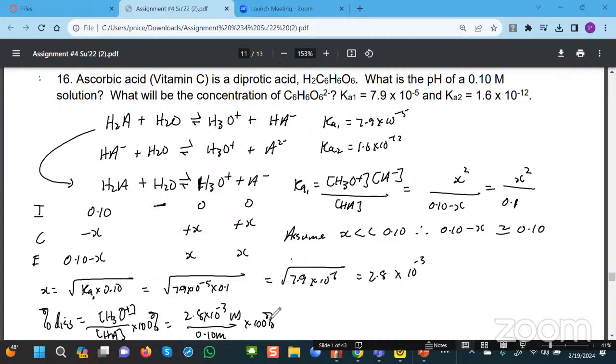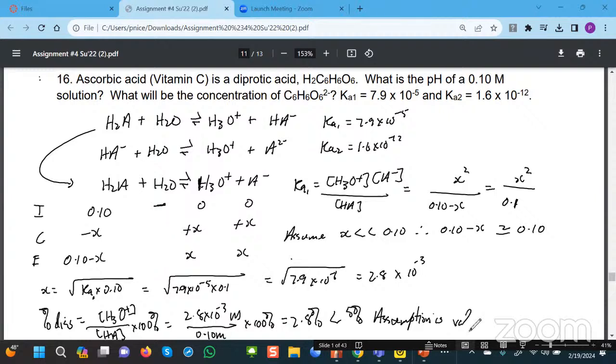According to my calculation, this works out to be 2.8%, which is obviously less than 5%. So therefore, the assumption that we made is valid.